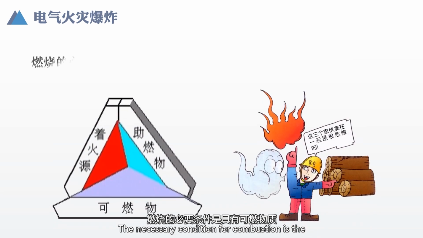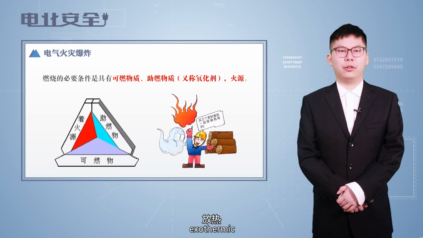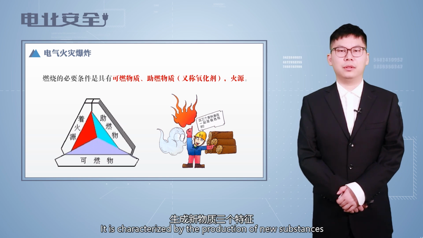The necessary condition for combustion is the presence of a combustible substance, a combustion aid, also known as oxidizer, and a source of ignition. It has the ability to emit light and is exothermic. It is characterized by the production of new substances.